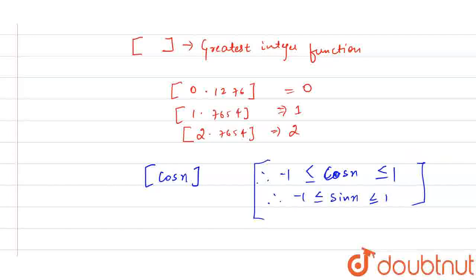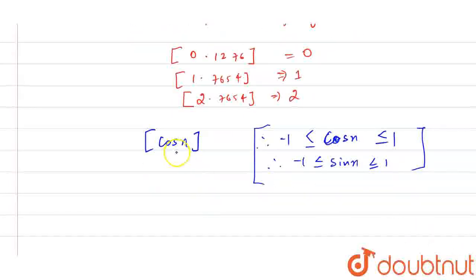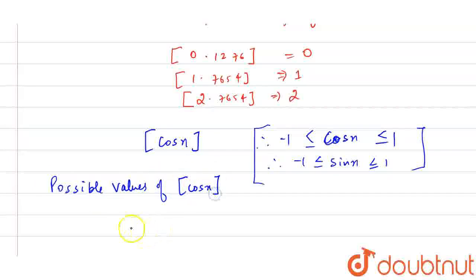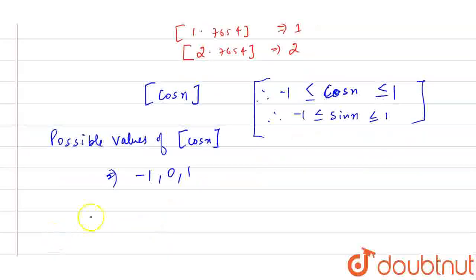So the possible values of the greatest integer function of cos x are minus 1, 0 and 1, because the equality signs are included at both ends, and the in-between integer is 0. So we get three possible values.